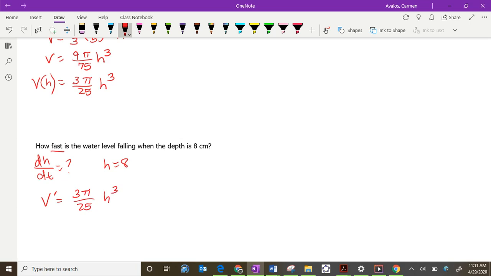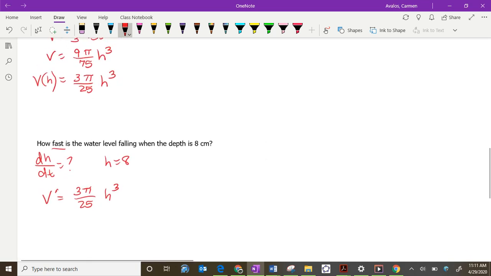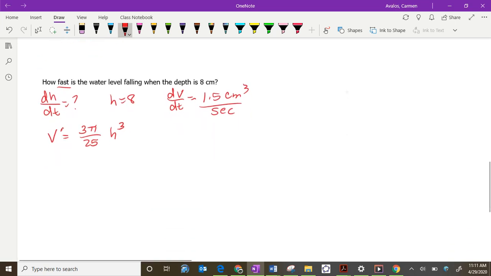And since we're looking for the derivative, we want to fill that in. We also know from the very beginning that dV dt is 1.5 centimeters cubed per second. So that's the information that's given.